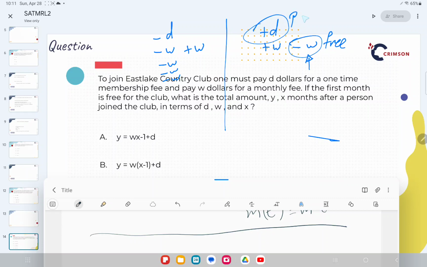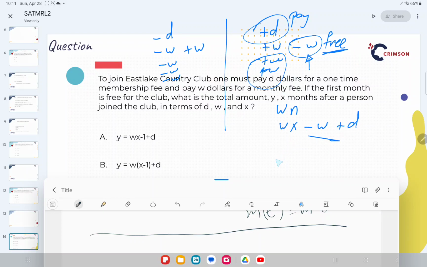So this is something I need to pay, and this is something I don't need to pay, which is free. And then all of these w's over here, I can represent them as wn or wx. So wx minus w plus d.